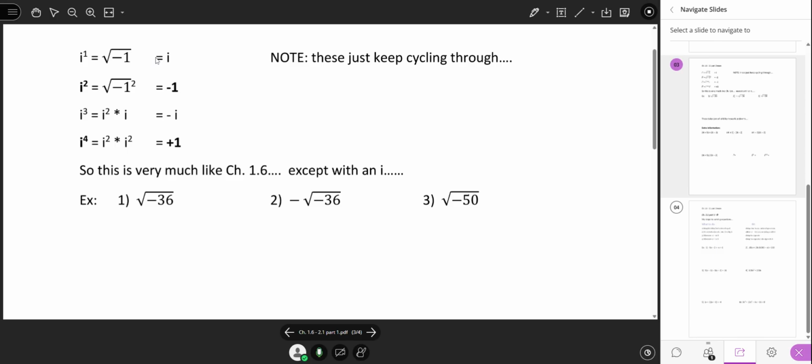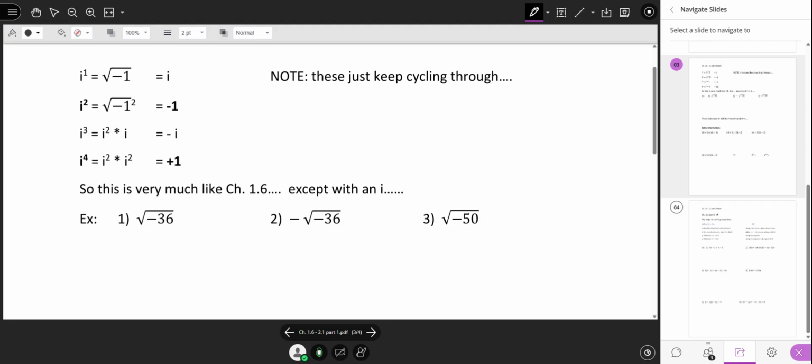Square root of -1 is i to the first power. Then, if I square that, then the square root of -1 squared. Remember that square root and square cancel each other. So we end up with -1.